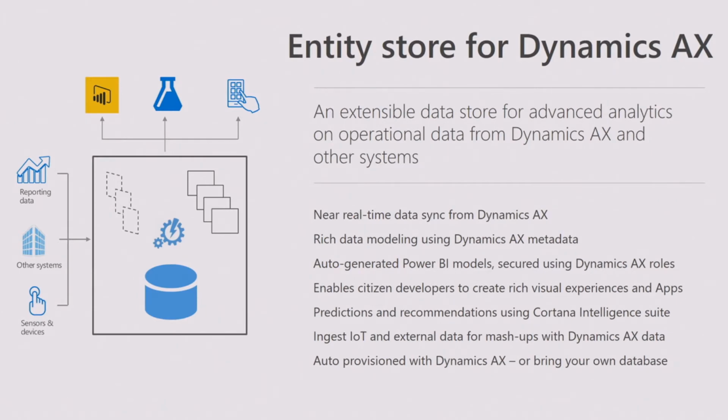And when you model a star schema in the entity store, we will not only take that star schema into the entity store, we will also do things like creating composite keys and expanding enumerations.